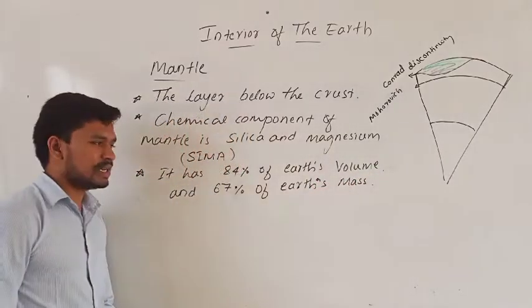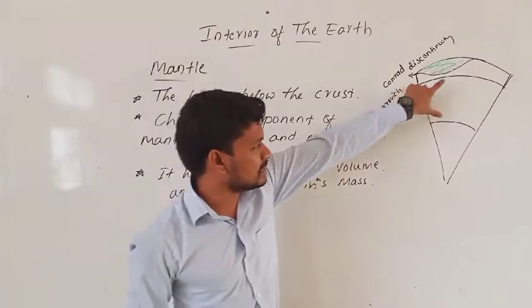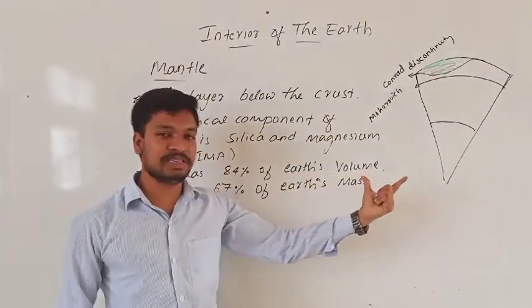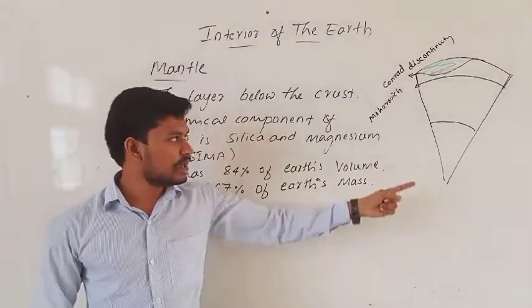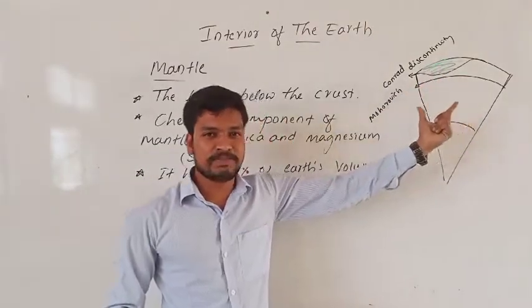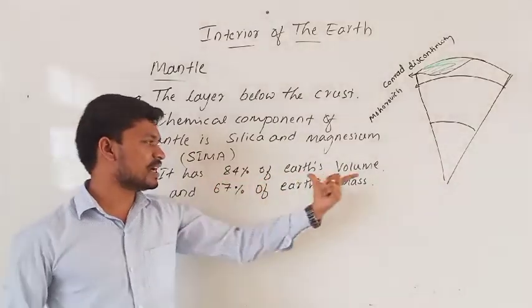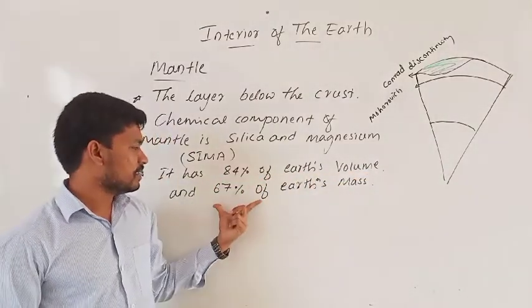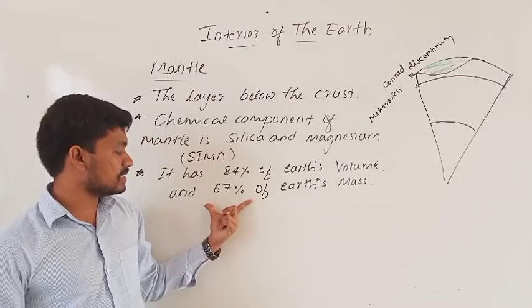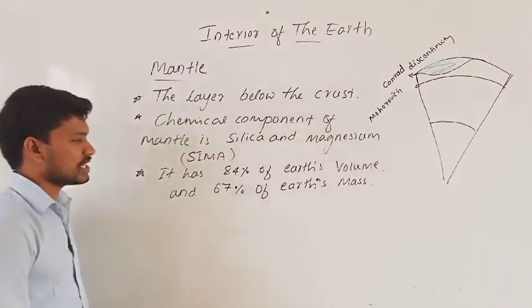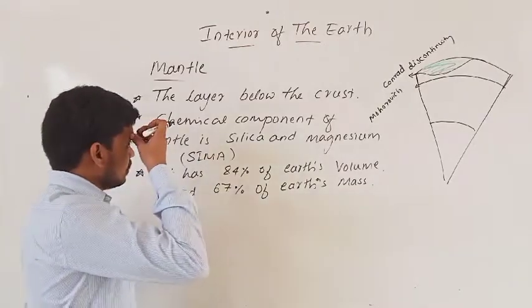It's the biggest layer inside the Earth. The mantle is the biggest layer. It constitutes around 84% of Earth's volume, and it shares 67% of Earth's mass.